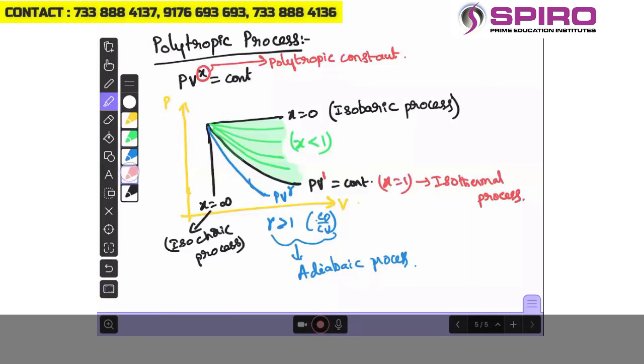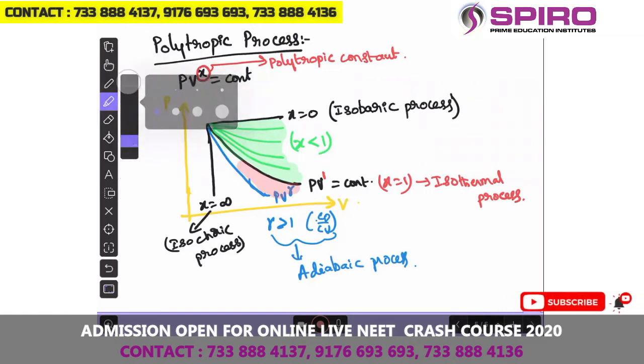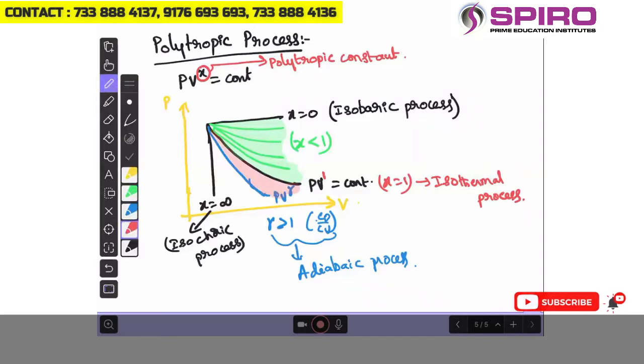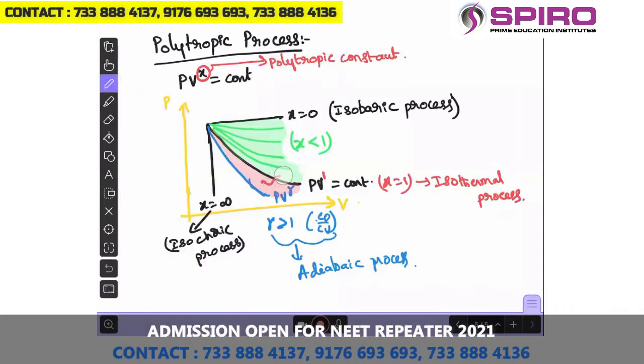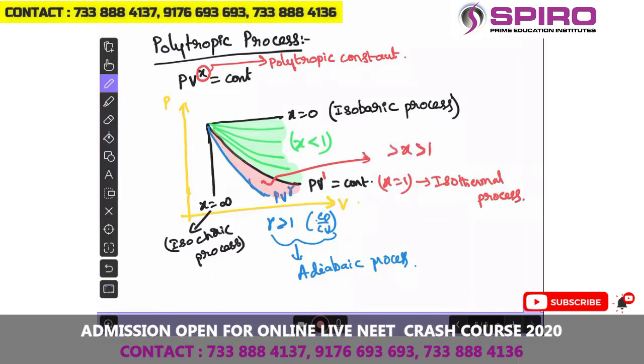And this is the region between adiabatic and isothermal that you consider. This is the region where you are seeing the isothermal and adiabatic processes. For this region you can clearly identify the X value will be greater than 1 and less than gamma.